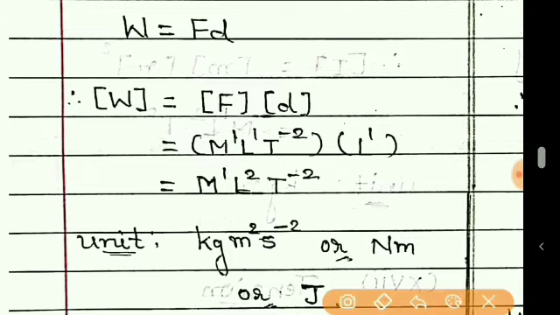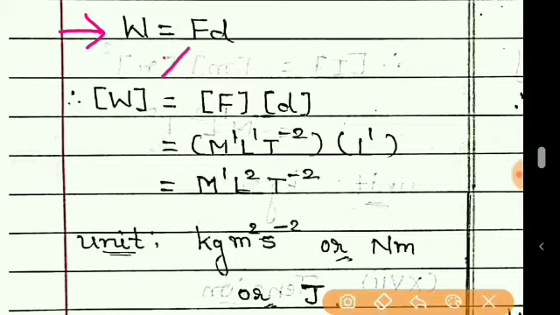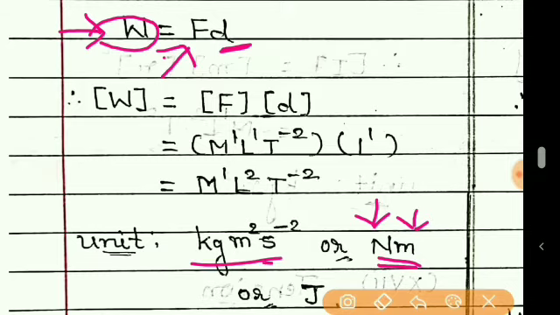Now about unit. From the formula also you can write the unit. Force is given by Newton, that is the unit of force is Newton, and distance is in meter. So unit of work can be written as Newton meter, or you can see from this dimensional formula, mass is in kg, length is in meter, but here there is square, so here also meter square.